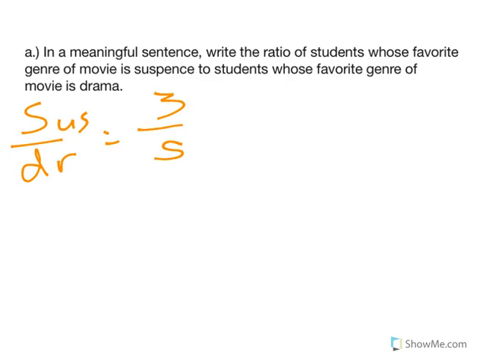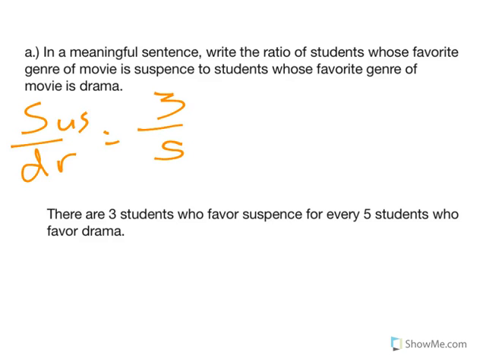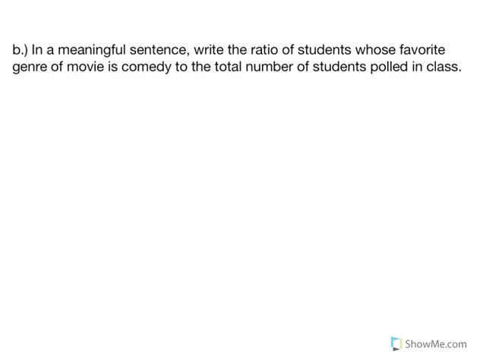So a good sentence would be, there are 3 students who favor suspense for every 5 students who favor drama. Now, if you had gone a step further and made that a decimal, then you would say there are 0.6 students who favor suspense for every student who favors drama. Either way is fine.